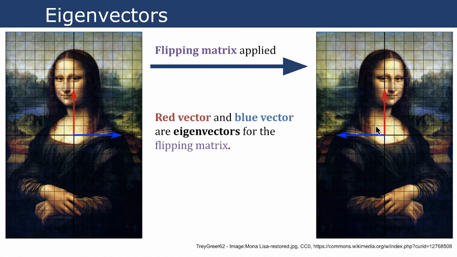With the blue one, it is still on the same span, to use the linear algebra term. It's just the negative. So it is on the same axis, even though it's facing the opposite direction. We say that the vector hasn't been knocked off its span, so it's on the same line as it was before. And so the red vector and the blue vector are eigenvectors of the flipping matrix.